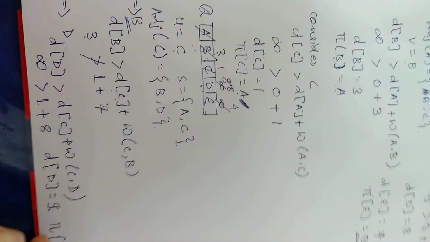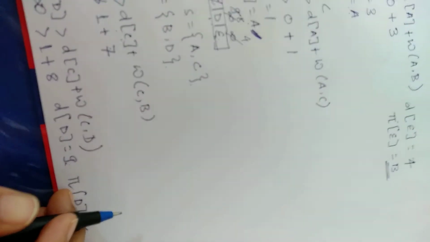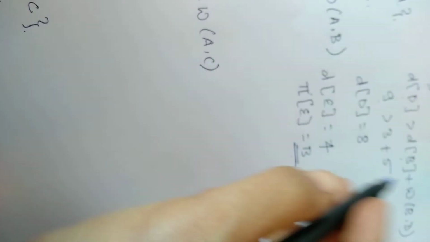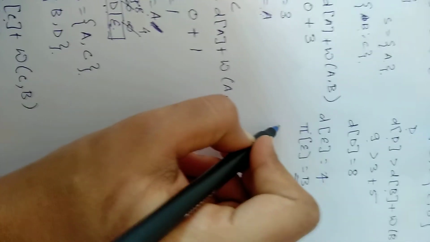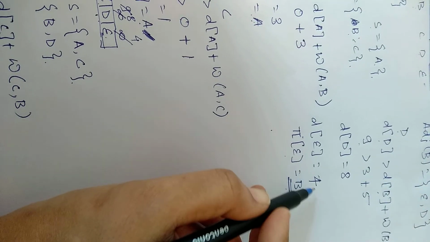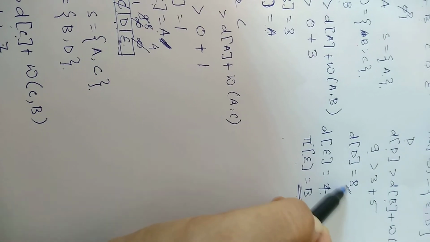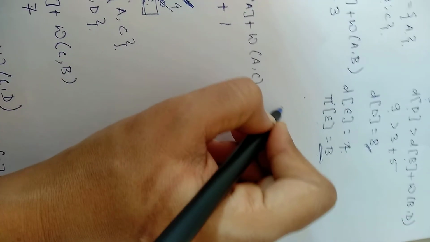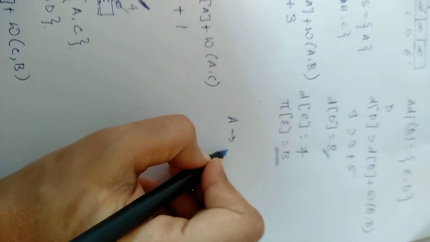And the parent of B is still A, as we have not modified the distance of B. So next time, E becomes 4 and D becomes 8. If we are observing shortest distance of A to C, this will be the final answer. A becomes the parent of C from this graph.